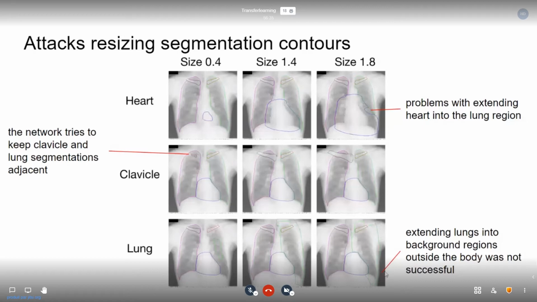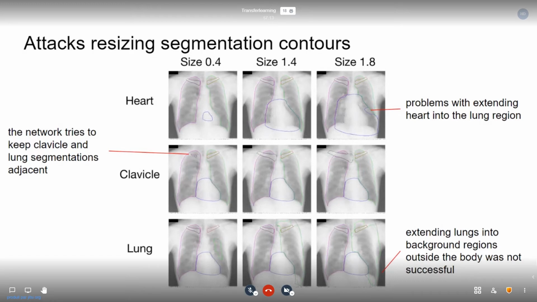Another thing we got with trying to enlarge lungs, so maybe you cannot see it so well, but this region here in the target segmentation should belong to the lung, and the lung segmentation stops here and does not extend here. And this happens in almost all or all images that we have seen. And one last finding happened when we tried to make clavicles smaller.